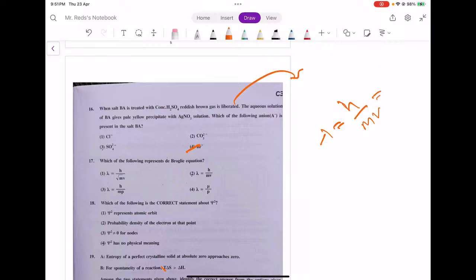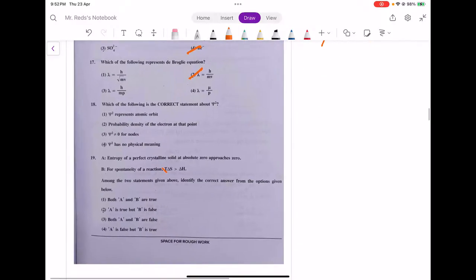The product of mass and velocity is the momentum, so lambda equals h by p also. For the 17th question, the answer is h by mv.